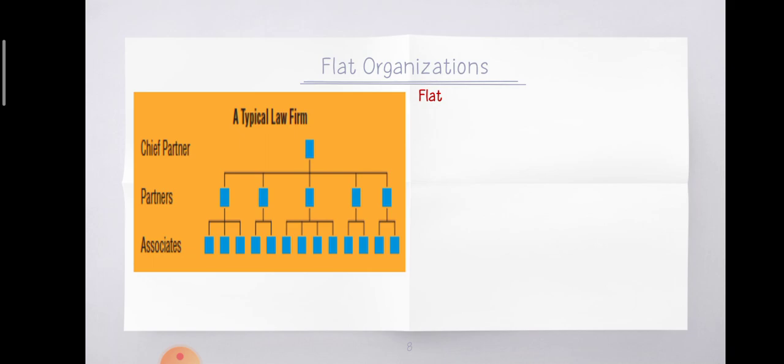Look at how the management is operating. That is not an example of a flat organization, where they can't decide on their own. When we say flat organization, they can decide on their own.